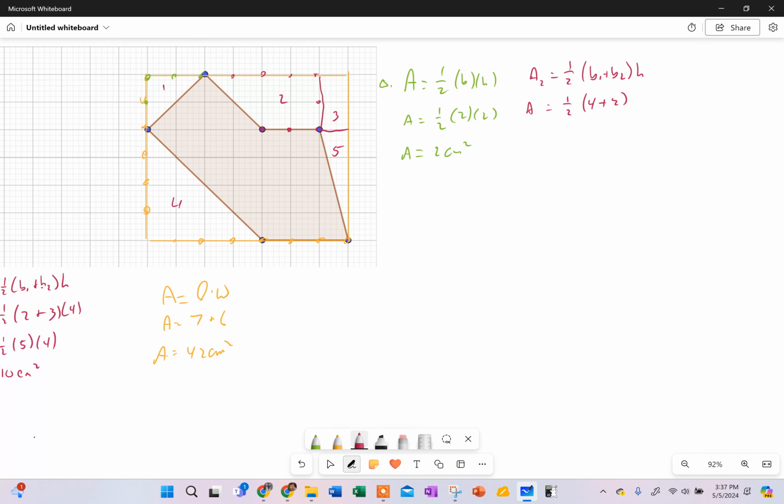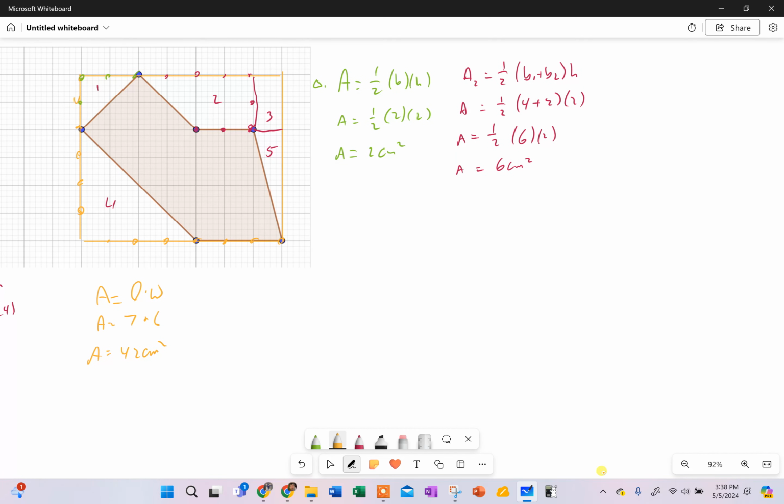My height is 1, 2, 2. So I have area equals 1/2 times 6 times 2. Half of 12 is 6, so 6 centimeters squared. My third shape is super easy to do. Thank goodness. Finally, we get an easy one. Area equals length times width. Area equals 2 times 1. Area equals 2 centimeters squared.